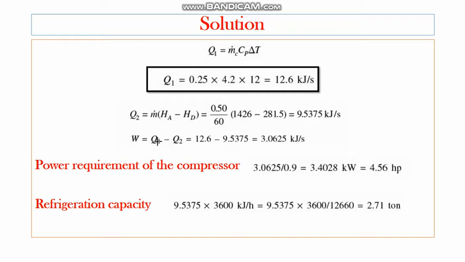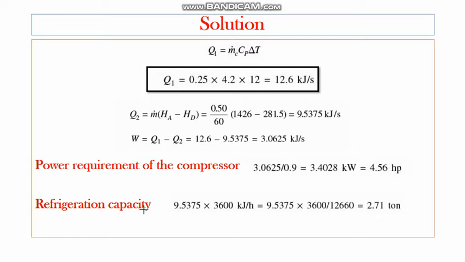W is equal to Q1 minus Q2. Just subtract these two and you'll get kilojoules per hour. But the compressor efficiency is not 100%, it is only 90%, so it is converted for 90%. You get 3.4 kilowatts, and it can be converted to horsepower. Okay, now I want to find the refrigeration capacity.